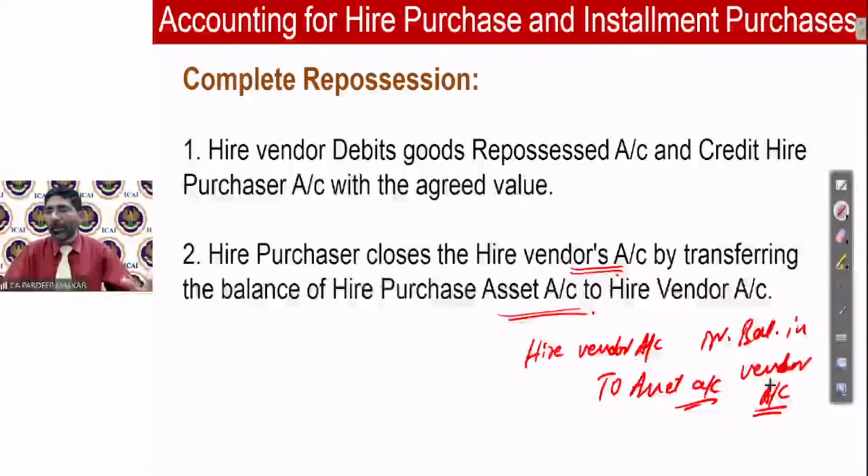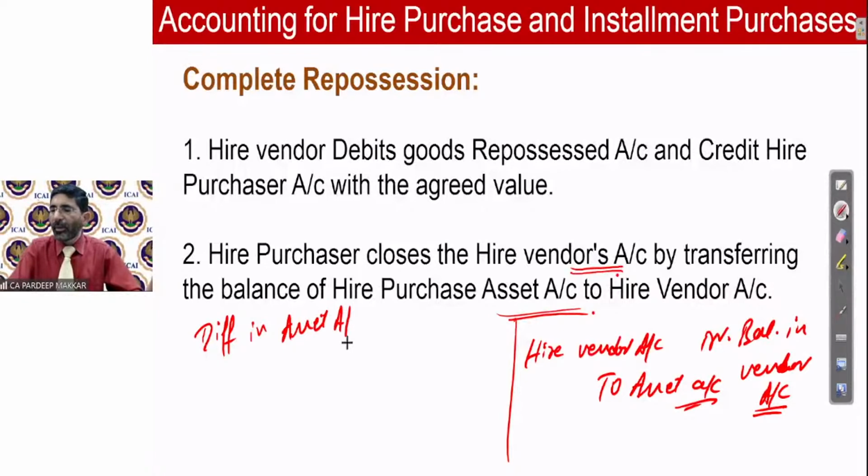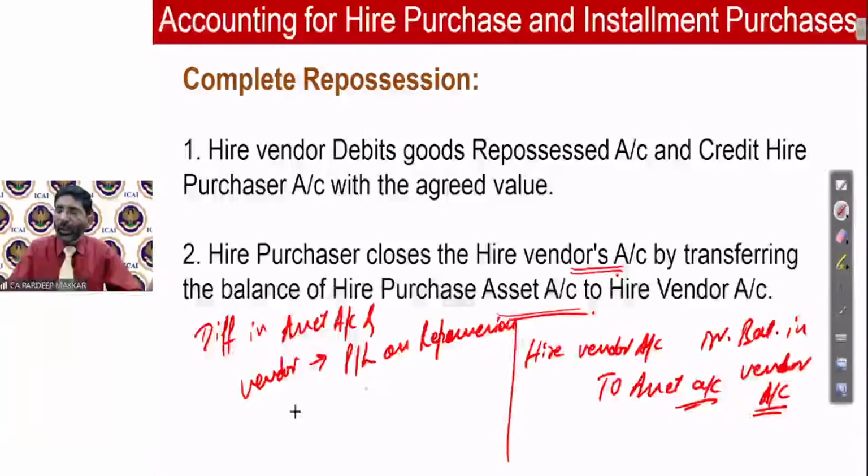And in that case, there may be a chance that asset account may have a different balance. So whatever is the difference in asset account and vendor account, that will result into profit or loss on repossession. Hence, debited or credited to profit or loss account.